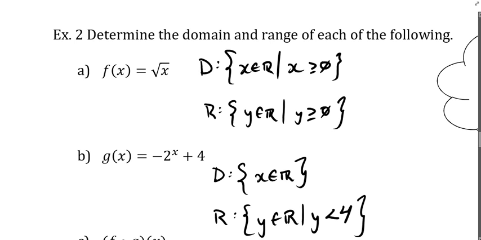G has a domain where x is an element of the real numbers. So where does the output of F, which is the range of F, overlap with the domain? Well, everywhere that the range exists. But again, I don't use the range. I have to go back to the domain of F and think about which values gave me the range.